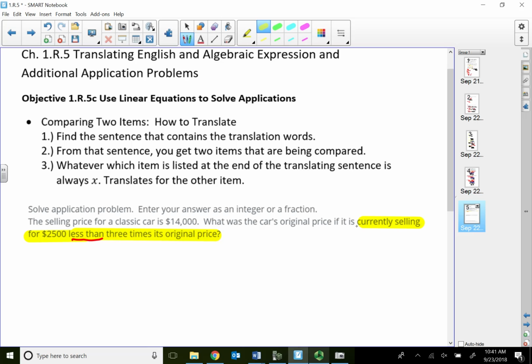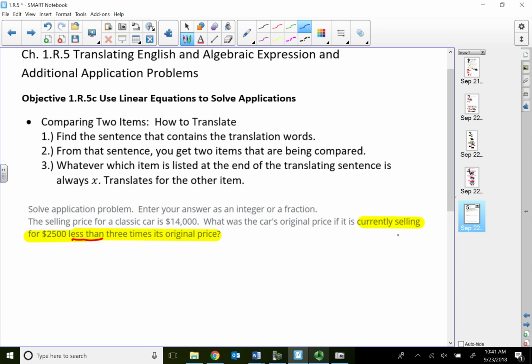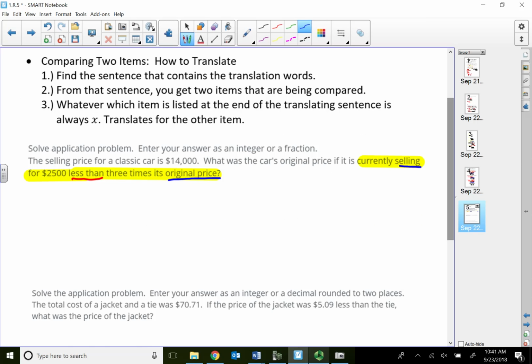Well, it's right here: the current selling price is $2,500 less than 3 times the original. So what I'm comparing is the selling price and the original price. I'm not trying to compare two different classic cars. I'm trying to compare the current selling price of a classic car versus the original price.